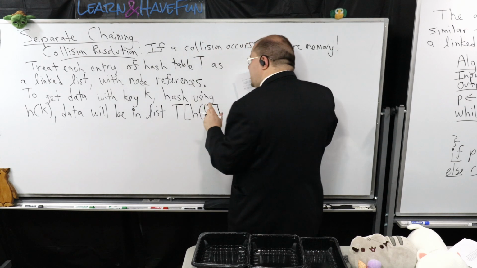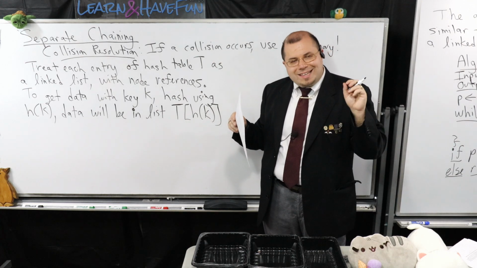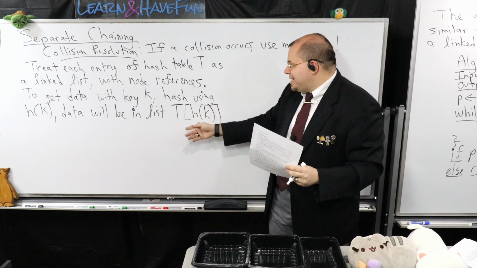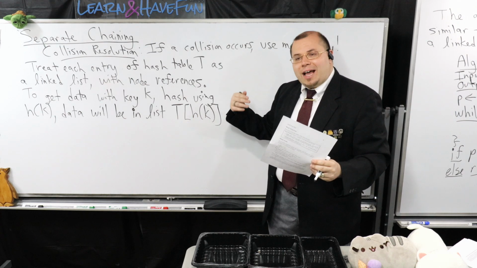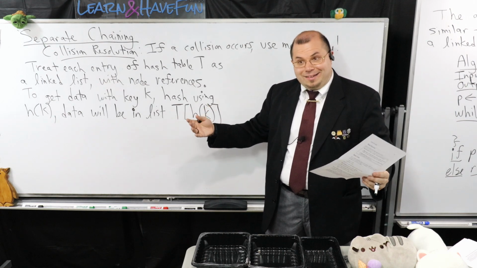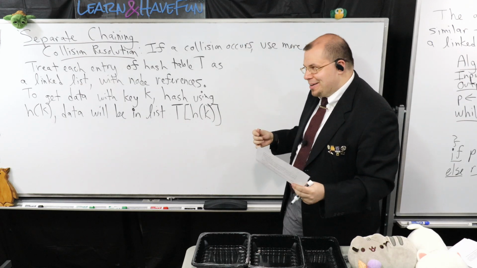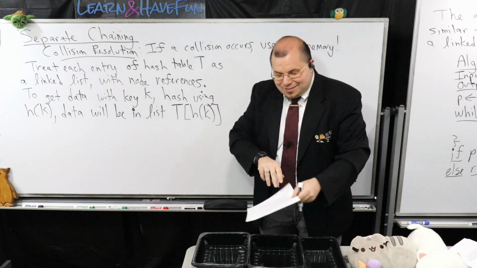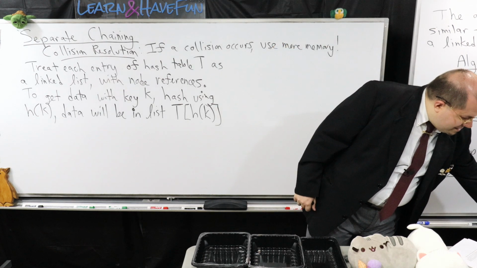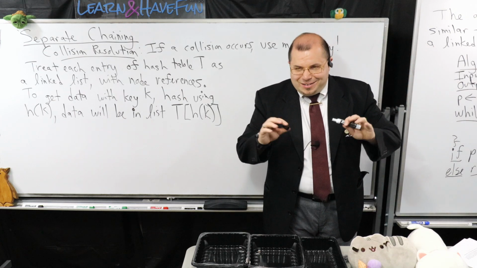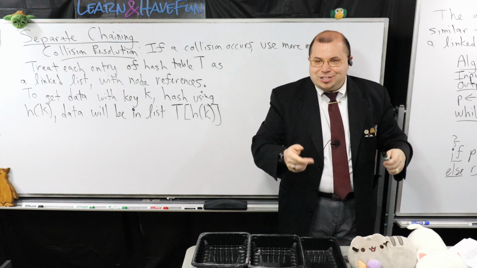Remember, h of k is our hash function given the key k. It gives us a position. We use this position to index into the hash table. The hash table now consists of linked lists, so it's actually an array of linked lists, just to be very clear. Let me do an example of what this would look like. Just before I draw the picture, I just want to remind you the whole idea.